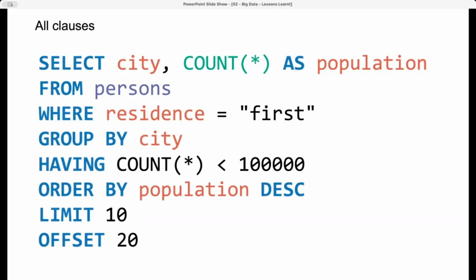Some are optional, so you can omit any of these, except maybe the select and the from, but the others you can omit. But it has to be in this order. You cannot have having before group by or anything like that, right? For whom is that clear? Right? And you will learn that in the exercises. You will write a lot of queries like that interactively and see what it does in your notebook, right?